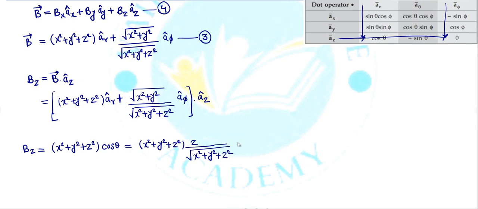Again, you can take 1 upon square root of this x square plus y square plus z square as a common value from this one, so that it will be good to write. And what is left? So we are left with z within that bracket x square plus y square plus z square. Say this to be equation C.